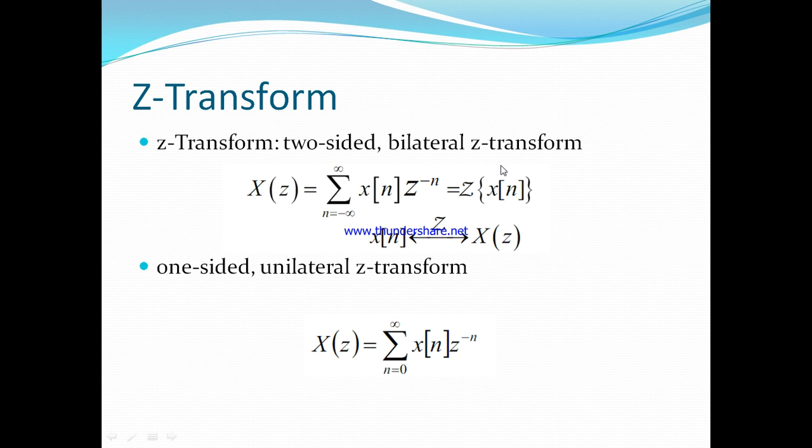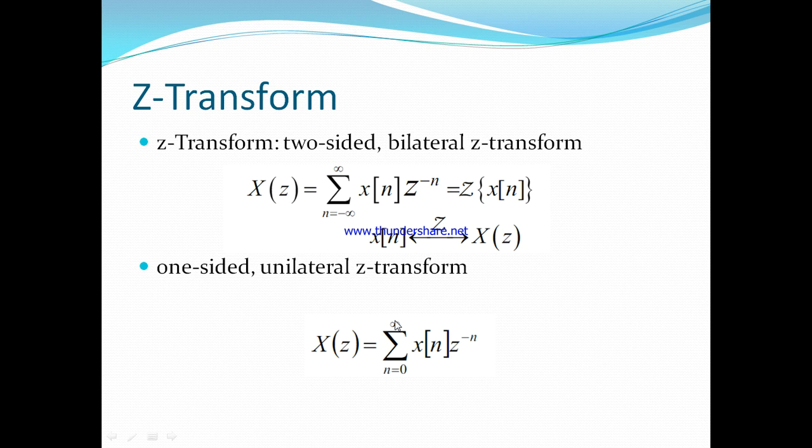Here, bilateral Z transform means the limits of n vary from minus infinity to plus infinity. So we have to consider the Z transform for n equal to minus infinity to infinity. For the unilateral Z transform, we consider X of z equal to sigma n equal to 0 to infinity.